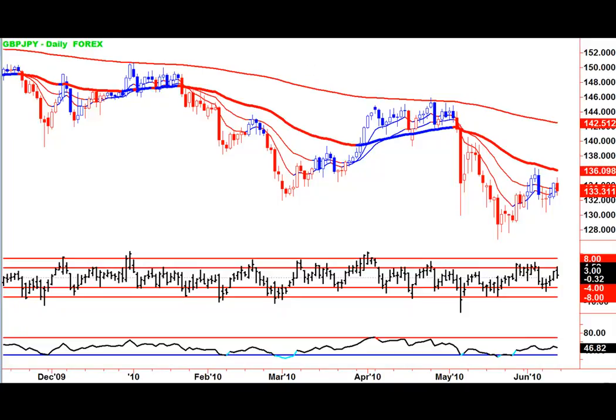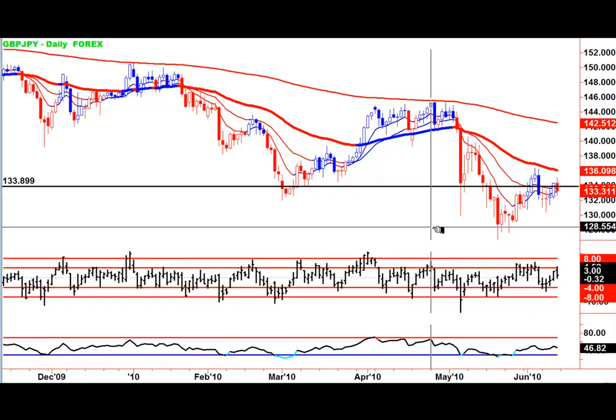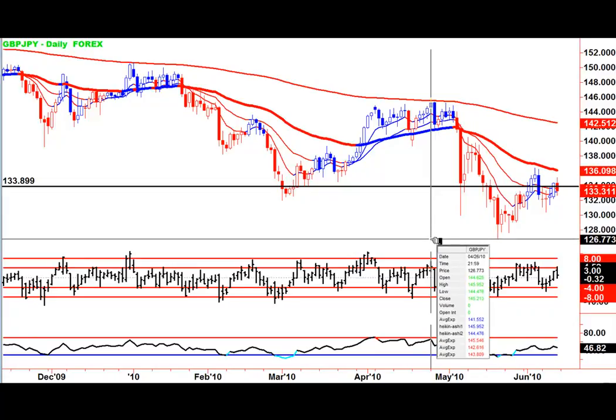This has got potential moves to the downside, I think. There's a key area here from this price action here and here. So a retest of 133.90 could see further falls coming right back down. So the risk reward ratio is good on this one.